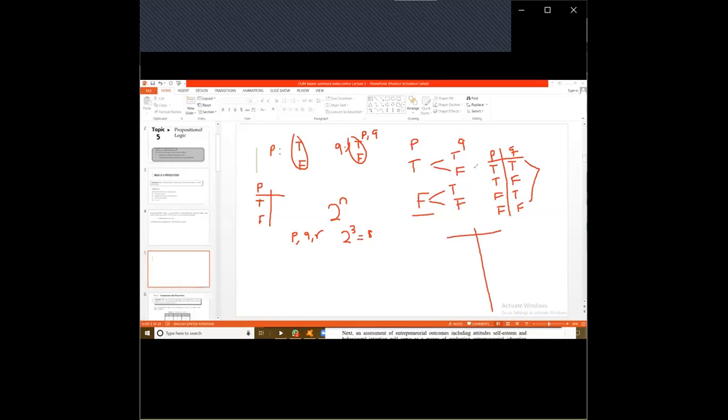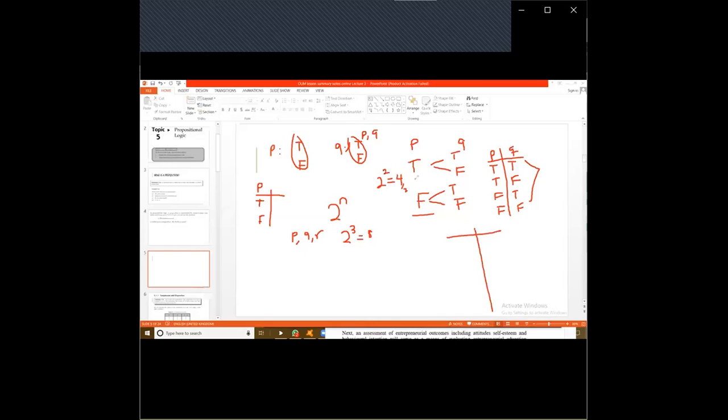In the case of 2 statements, we had 2 raised to the power 2, which was what? 4. So because we're going to have 4 combinations, what you first do is you divide this 4 into 2, and you get 2.